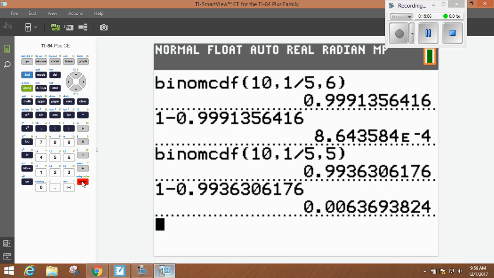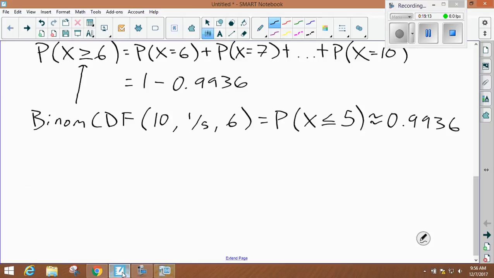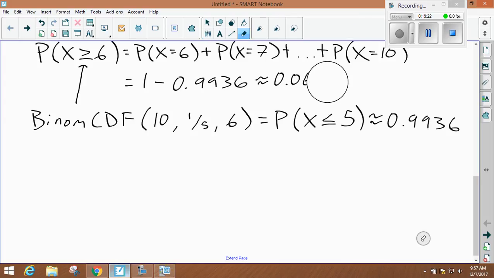So 0.006. To put that into context, you have about a 6 in 1,000 chance.